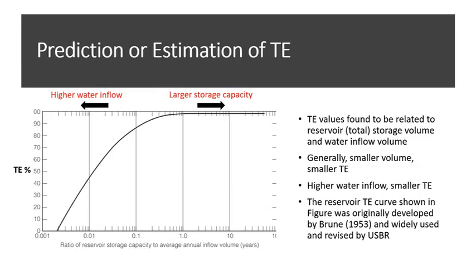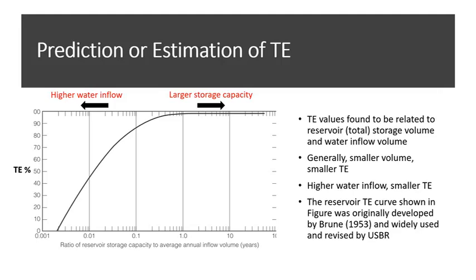Here is just a chart or a curve that is used to estimate or predict the value of trap efficiency. This figure was originally developed by Brune in 1953 and was later revised by the USBR.